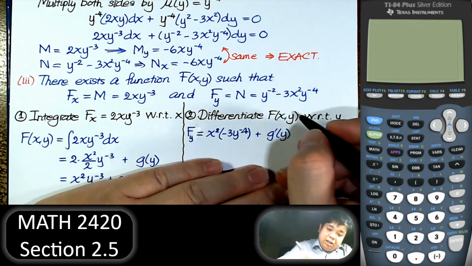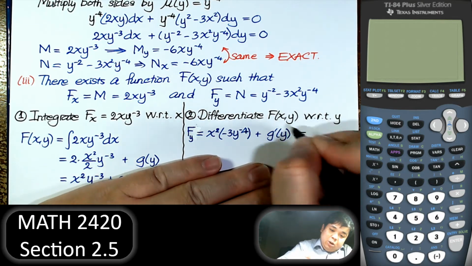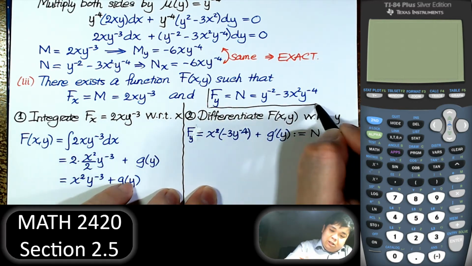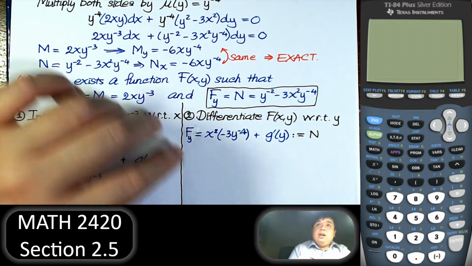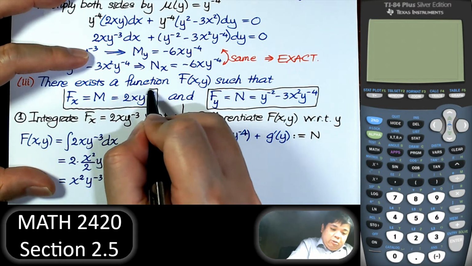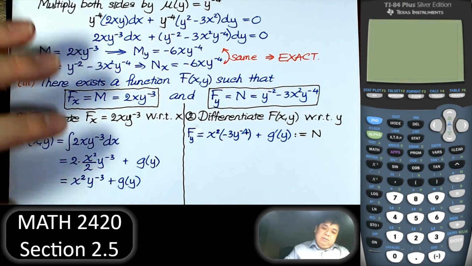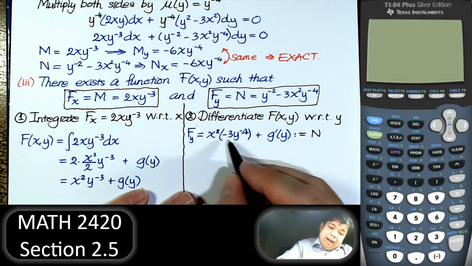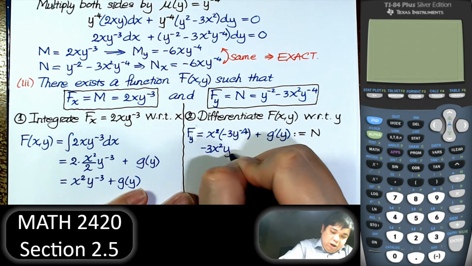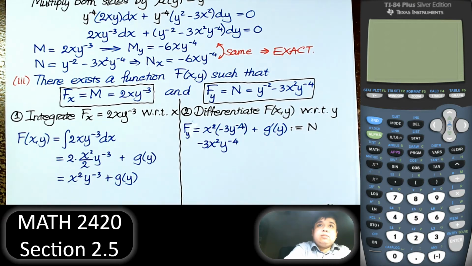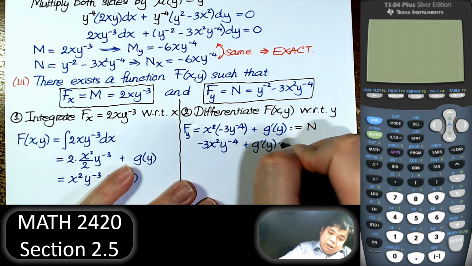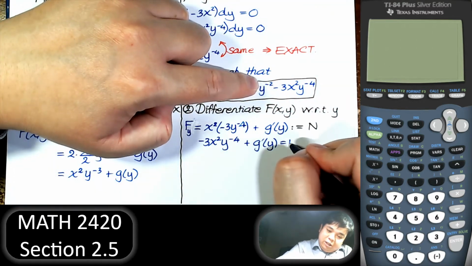And this will be made equal to N, the derivative with respect to y equal to N. Now we rewrite this: negative 3x squared y to the negative 4 plus g prime of y, and N is equal to this.